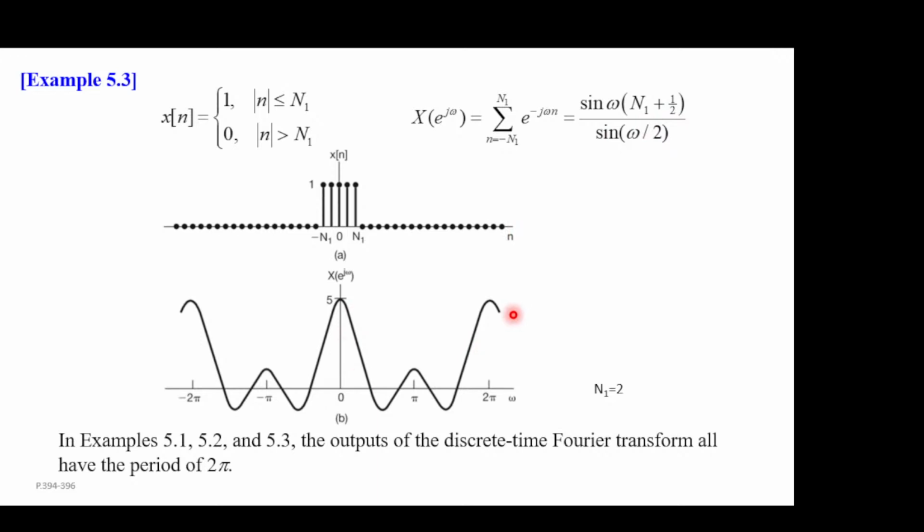And you can check it out, this sine over sine. So we have a sine with higher frequency, omega times n1, where n1 is the width here, and then over another sine of omega over 2, and these are periodic with period 2π.